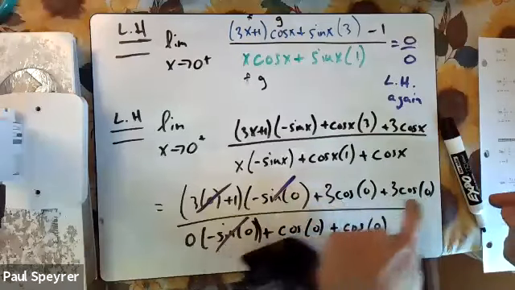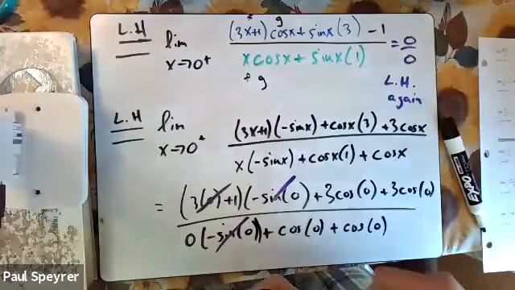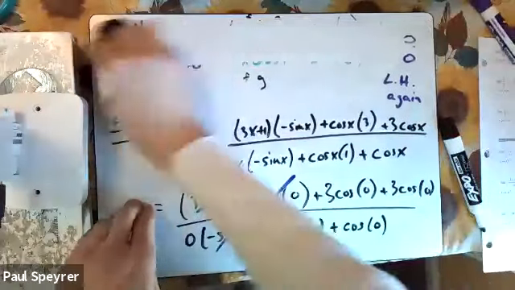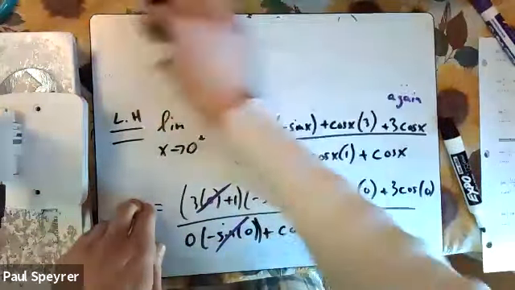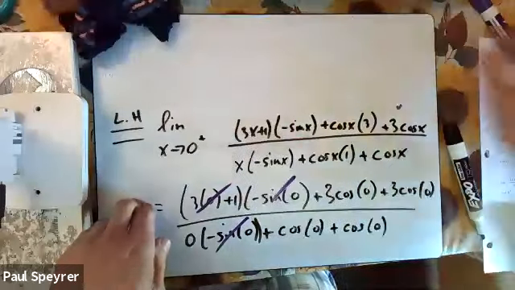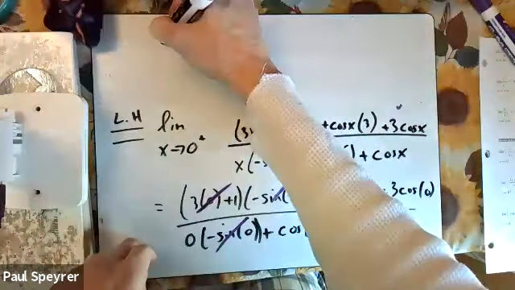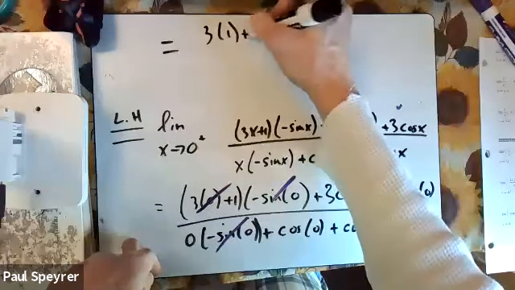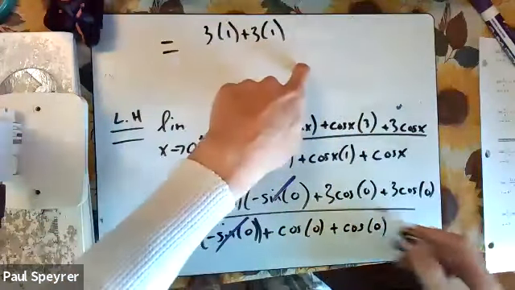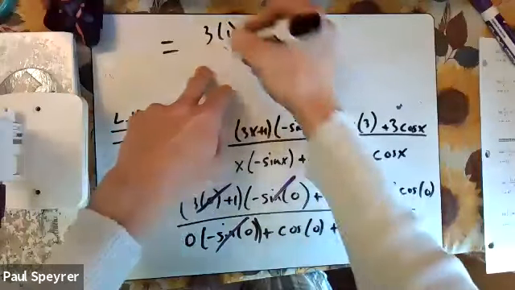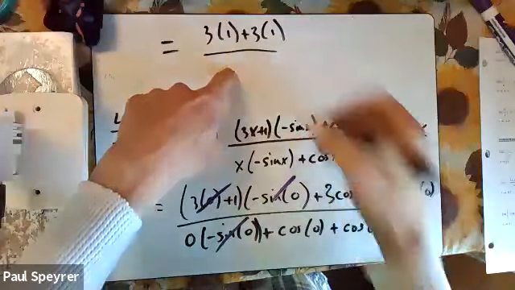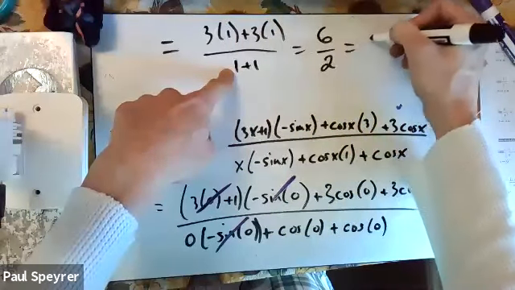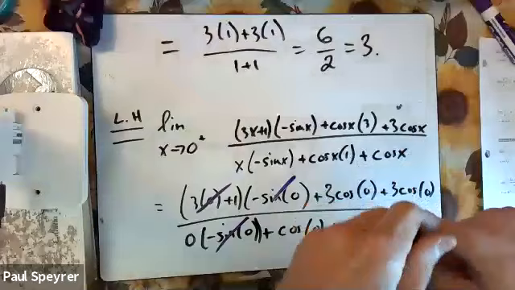So we have 3 cosine plus 3 cosine over cosine plus cosine, all of zeros. Remember, what is cosine of 0? That is 1. So you have 3 times 1 plus 3 times 1, that's these two, divided by 1 plus 1. So you get 6 over 2, which is equal to 3 in this case.